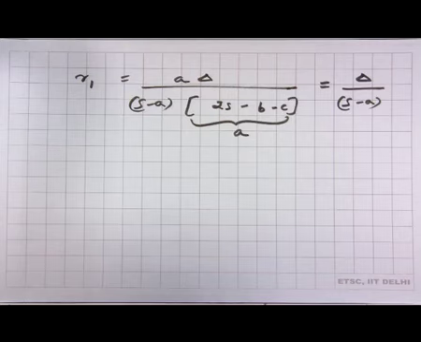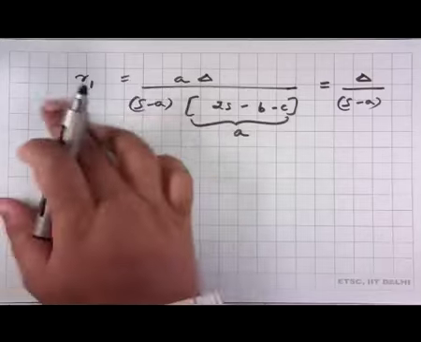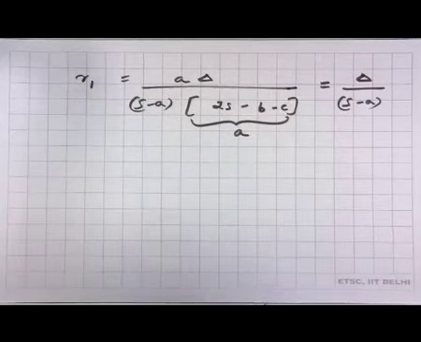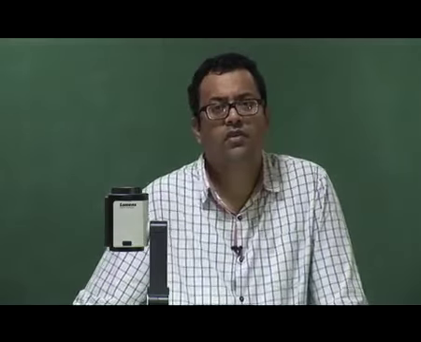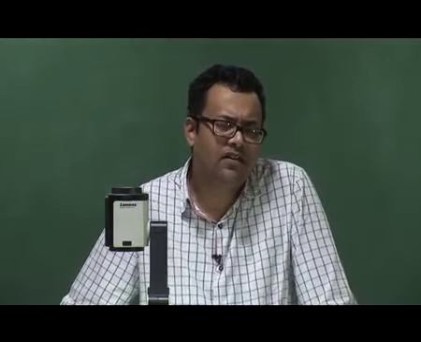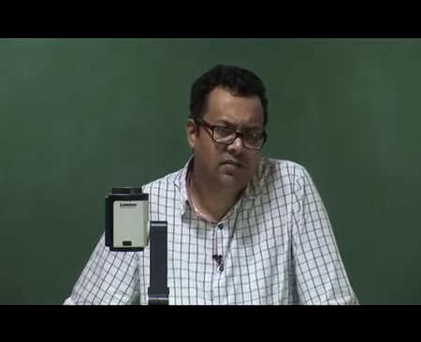So therefore, this is the final expression that we have here. The radius of the escribed circle opposite to angle A is equal to the area of the triangle divided by S minus A, where S is the semi perimeter of the triangle ABC.